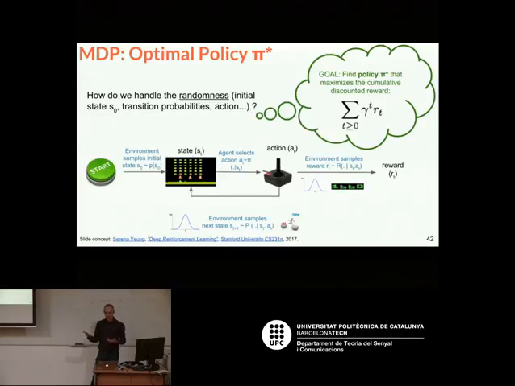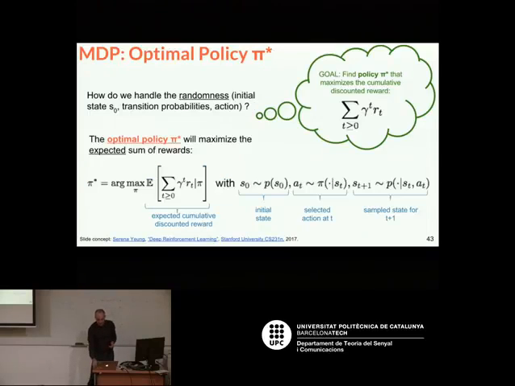How can we formulate the finding of the optimal policy? As there is some randomness, like we saw, for example, that the agent in the previous example could take different actions going in the best direction. And of course in the states there can be many different states, like the computer when it generates the pixels, when it simulates the game, can take different decisions that we are not aware of.